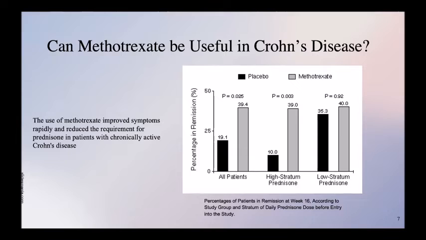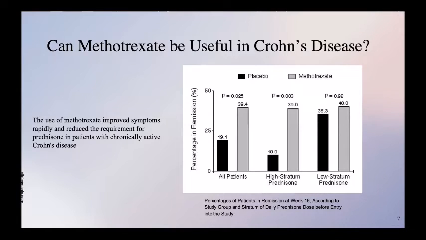Most of them withdrew because the treatment was not effective in the placebo group. After 16 weeks of this study, the proportion of patients who had discontinued prednisone therapy and remained in remission was higher in the methotrexate group than in the placebo group: 39% compared to 19%.